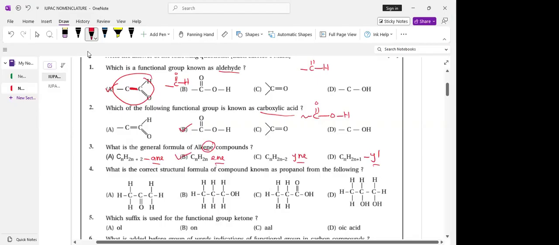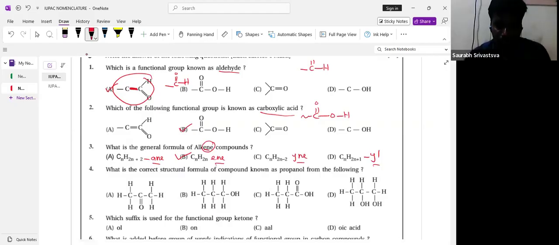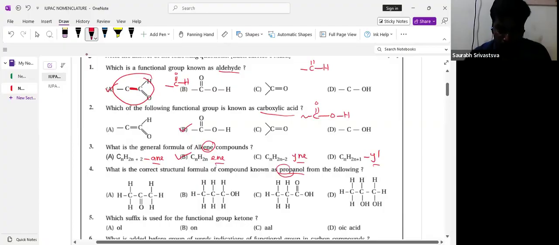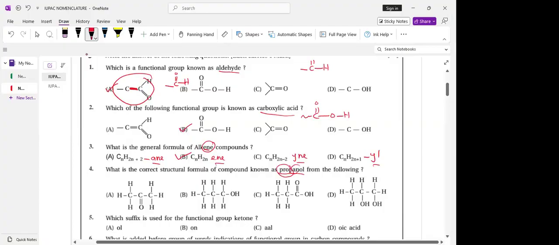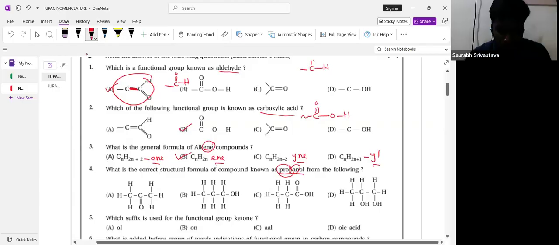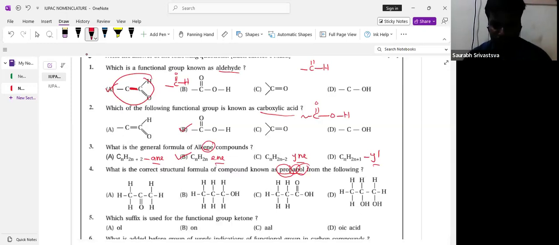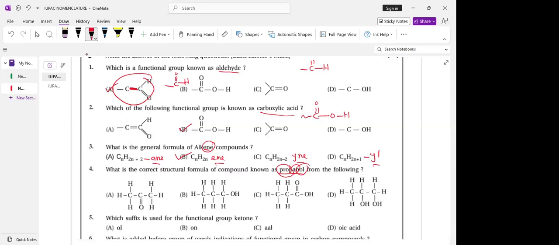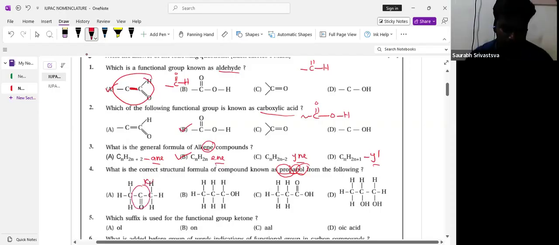Next question. What is the correct structural formula of the compound propanol? So prop is the root word. AN is the primary suffix, and OL is the secondary suffix. Now, what is the functional group? It should be the alcohol functional group. So this one is keto. Keto functional group. And this one is the OL functional group.